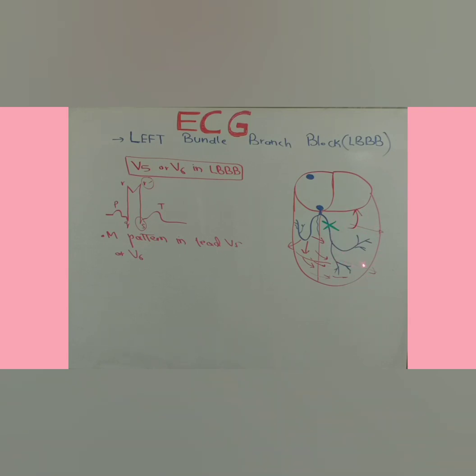And that wave of depolarization again starts going towards V5 and V6, and instead of coming all the way down to the isoelectric line after the initial negative deflection, it goes back to create another positive deflection. This is how an M pattern or a notched R wave is generated in V5 or V6. It does two things. One, it broadens the QRS complex. Now the QRS complex is more than 3 small boxes or more than 0.12 second. And secondly, it generates an M pattern in lead V5 or V6.